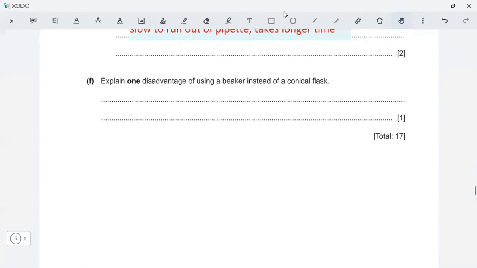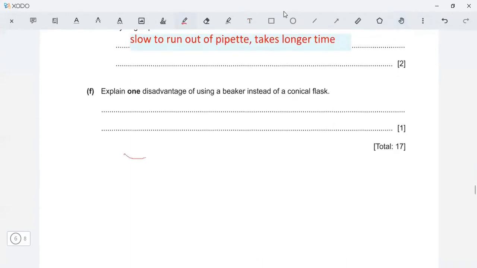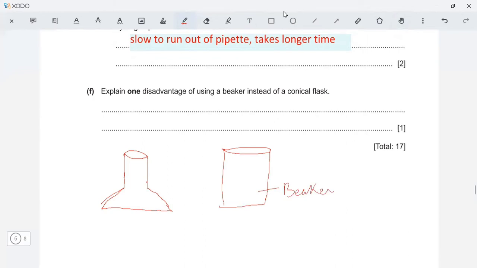Okay, this looks like a beaker, right? This is a conical flask. A beaker is supposed to be like this. So what is the disadvantage of using a beaker rather than a conical flask?